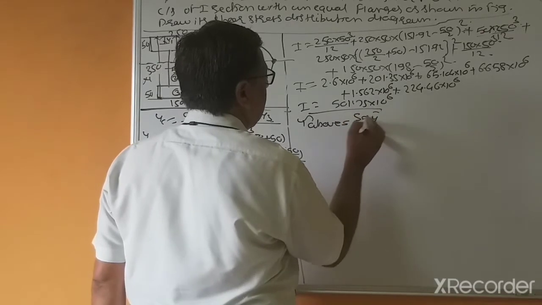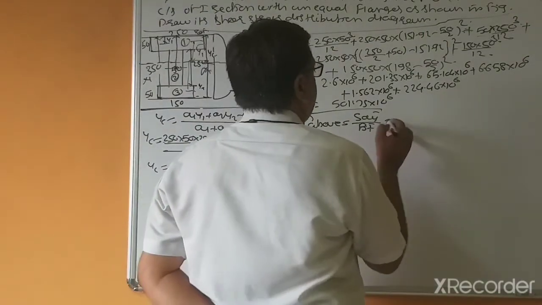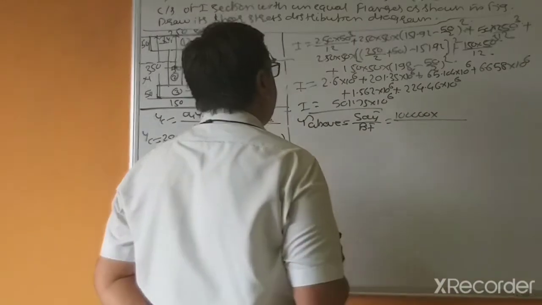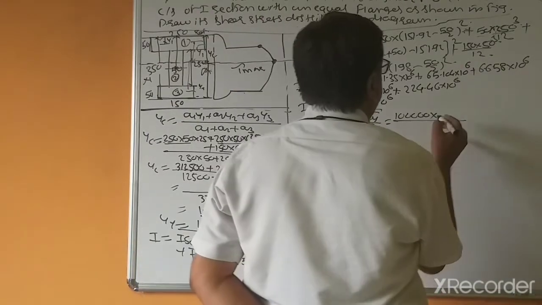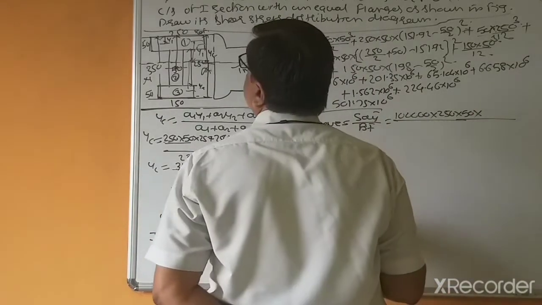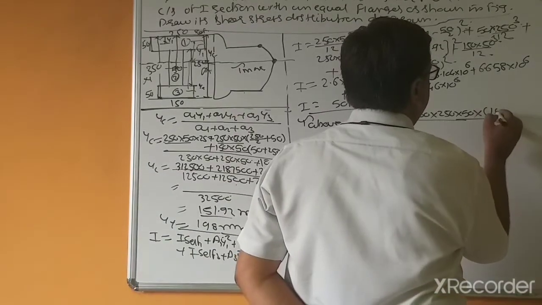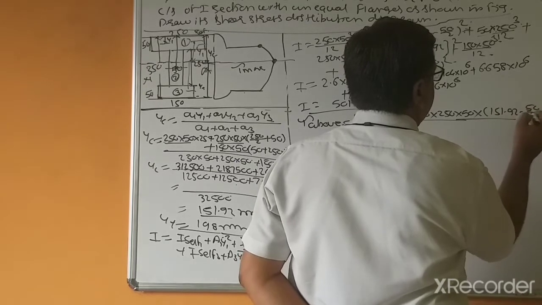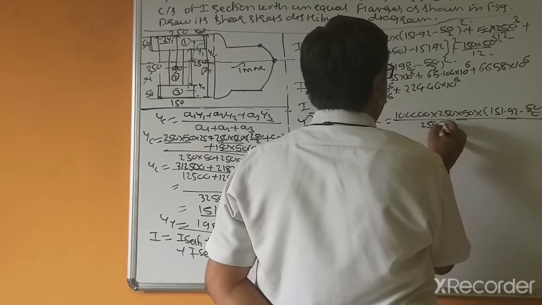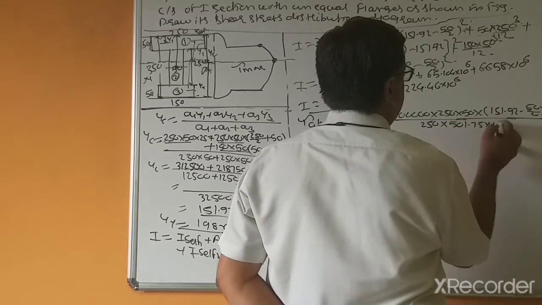So that's why S A Y bar divided by capital B I. So S equal to A Y bar, A equal to 250 into 50 into Y bar distance, that is 151.92 minus 50 divided by 2, divided by B equal to 250 I 75 10 to the power 6.